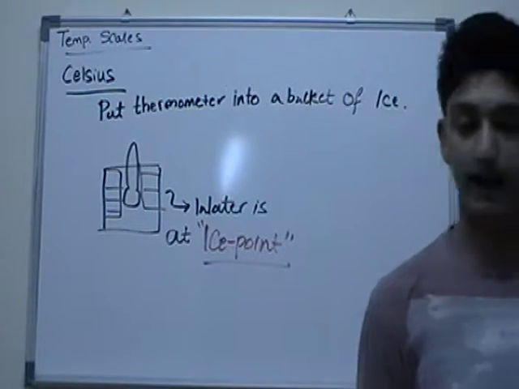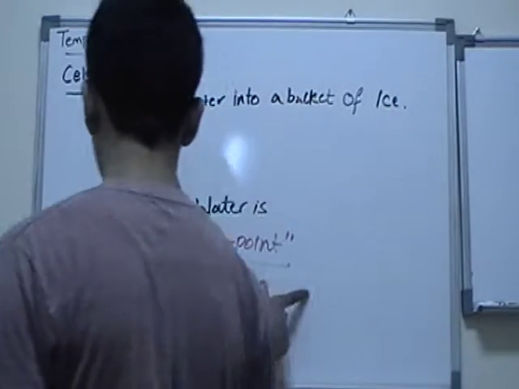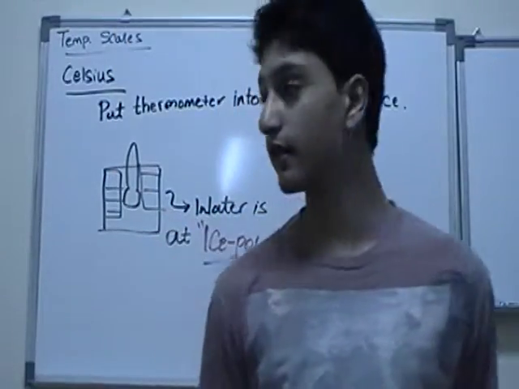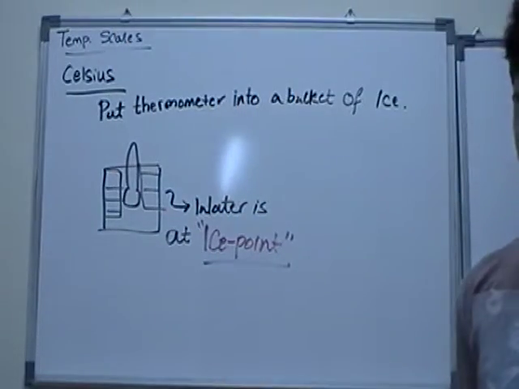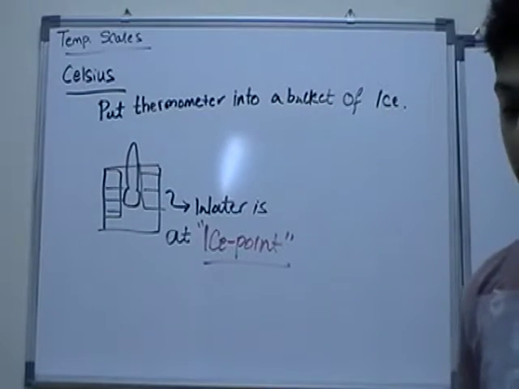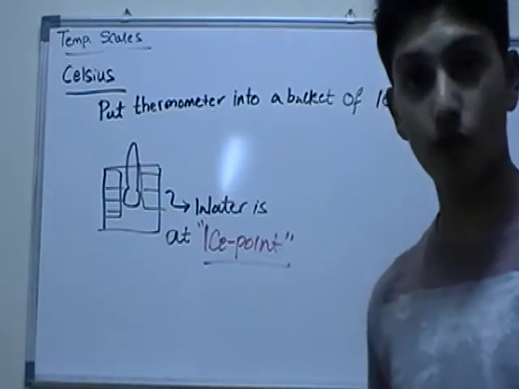So let me go ahead and explain what the ice point is. Basically, the ice point means right at the freezing point, where it's just about to freeze, but it hasn't quite frozen yet.